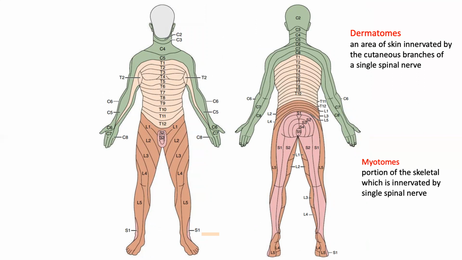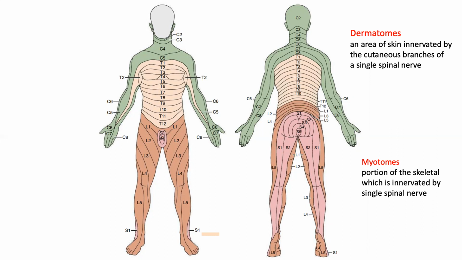Dermatomes are the area of skin supplied by the cutaneous supply of a particular segment of a single spinal nerve. And now we need to talk about myotomes. A myotome is the portion of skeletal muscle innervated by a particular single spinal nerve.